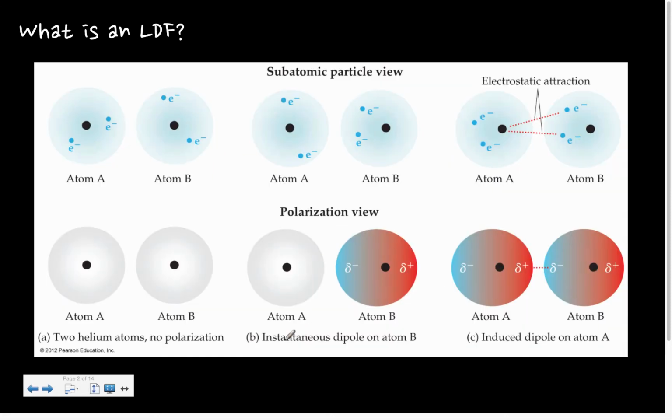Okay, next up. First type, LDFs, London dispersion forces, present in every single thing that has electrons, okay? Like your book talks about, on average, the electrons are evenly distributed within a given atom.